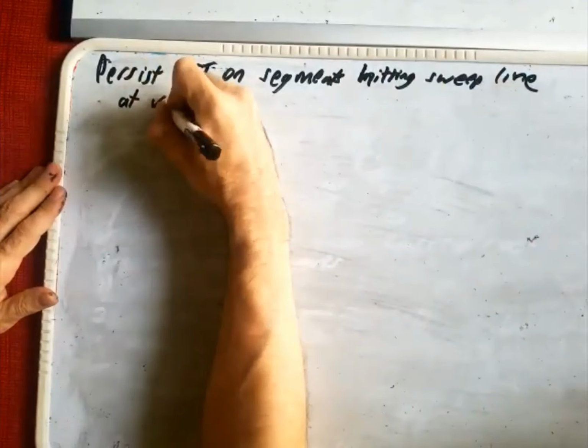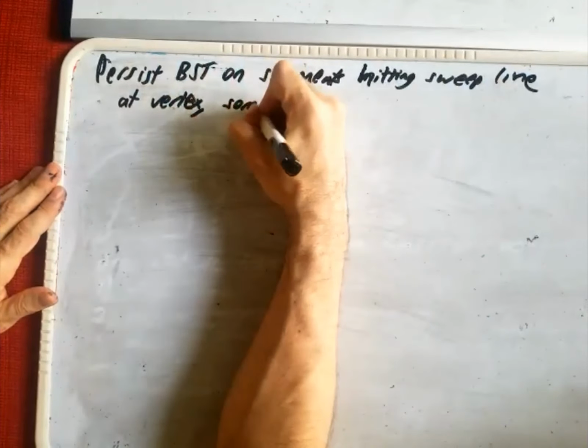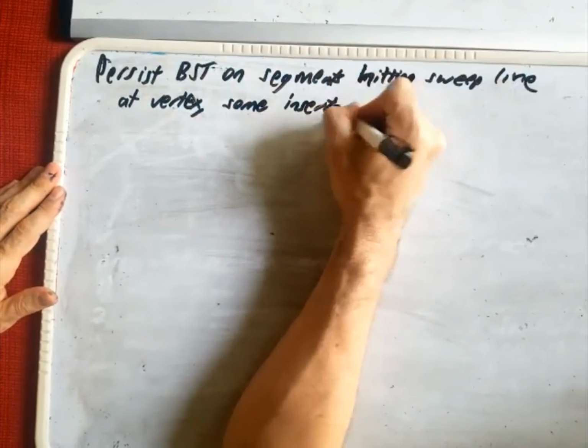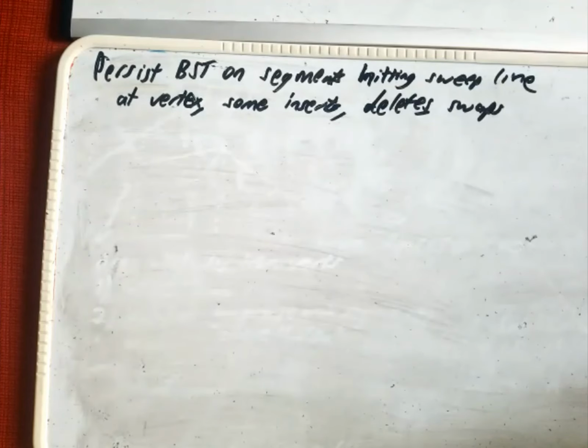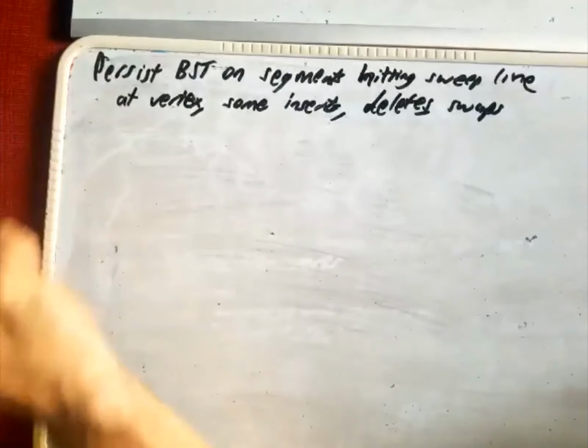At a vertex, we're going to have some inserts or deletes or swaps. Okay. But what we know is that if we use a persistent search tree, these modifications are cheap.